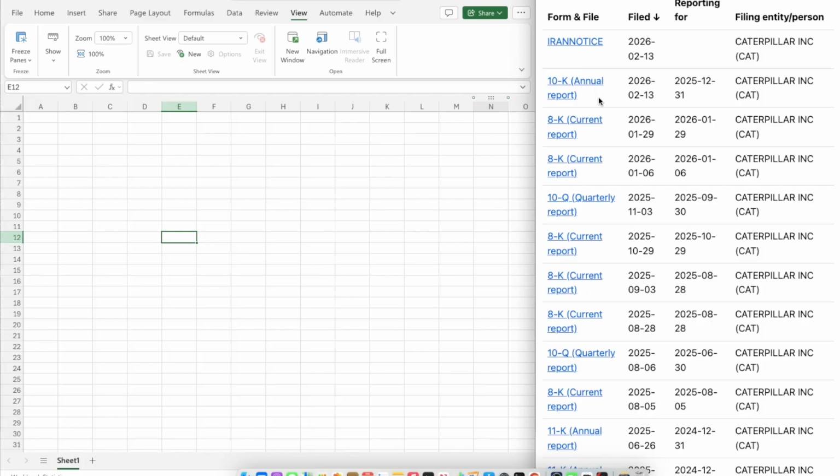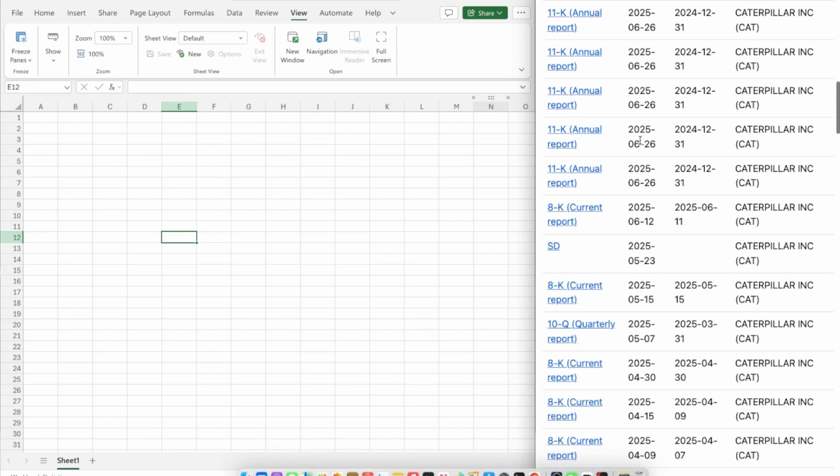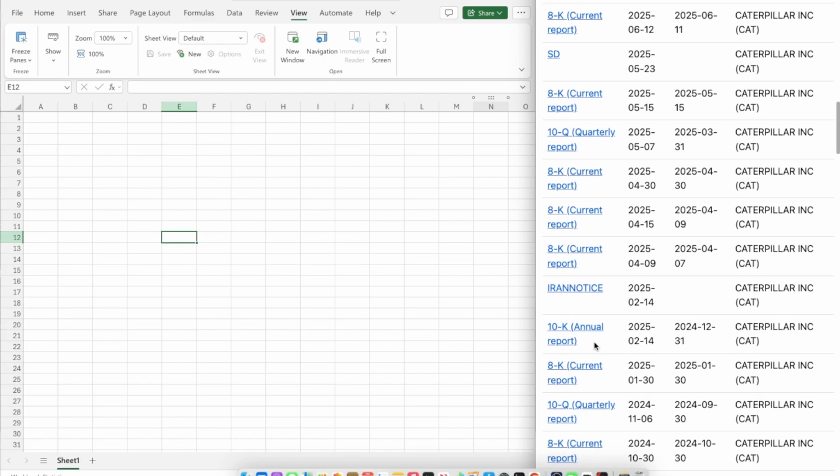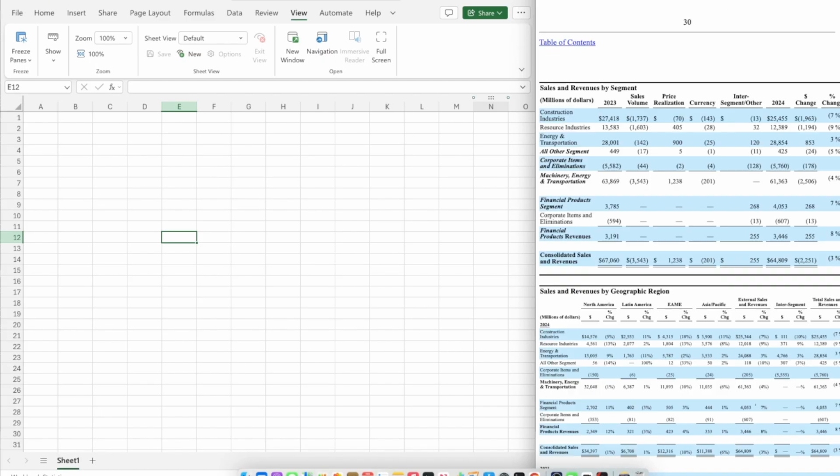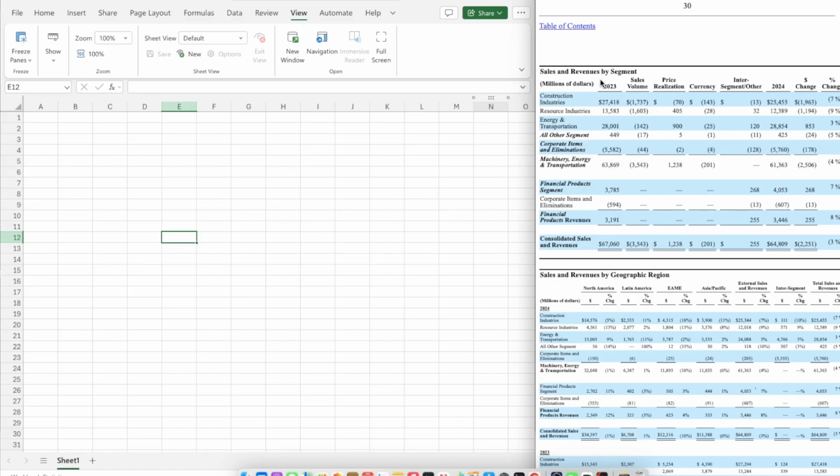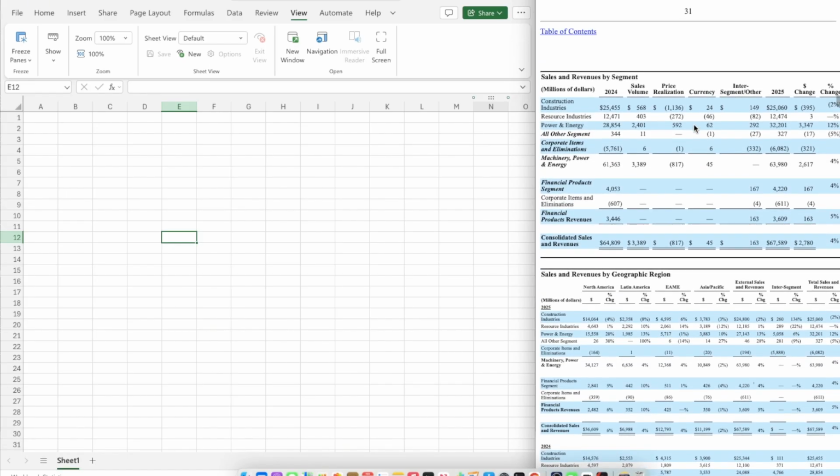This 10K only shows 2025 and 2024, so we also need to pull up the previous one, which is down here. Open those up and come to page 31 for the 2023 and 2024 one, and we want to break down the sales and revenues by segment. We have to do the same for 24 and 25. Come to page 32. Then let's move on to the spreadsheet.